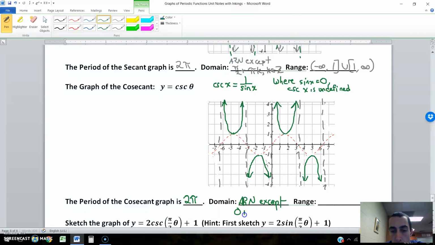So all real numbers except 0 plus all the multiples of pi. And the range will be the same as it was up here.